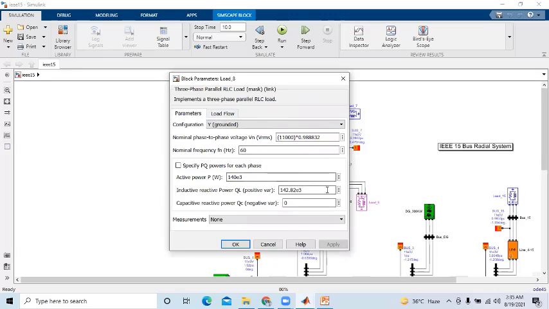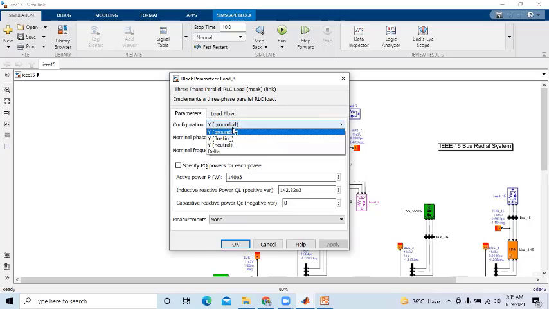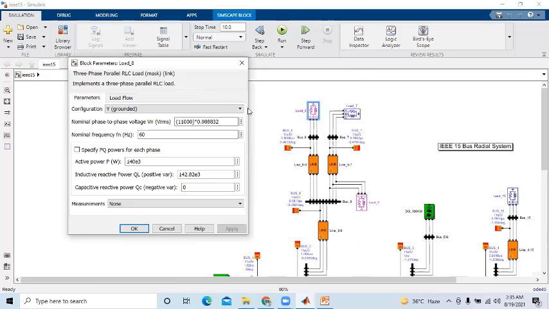This is the load A configuration. The configuration is star grounded. That means the three-phase load is connected as a star, which is grounded, and the nominal phase-to-phase voltage is given as 11 kV into 0.98832. The nominal frequency has been considered as 60 Hertz, and the specified active power is given as 140 kilowatts.